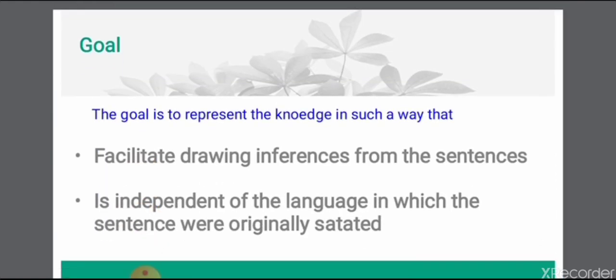The goal is to represent the knowledge in a way that facilitates drawing inference from the sentences, and the second one is to be independent of the language in which the sentence was originally stated. Means whatever the language in which the original sentence was written, conceptual dependency is able to represent the knowledge logically.